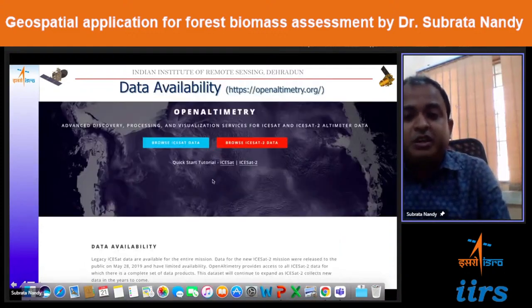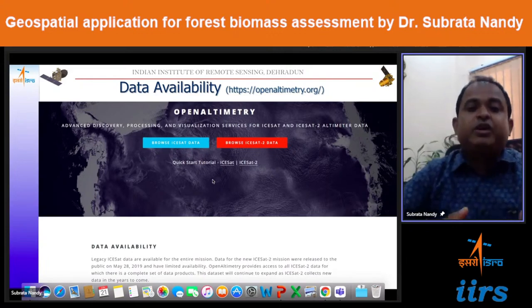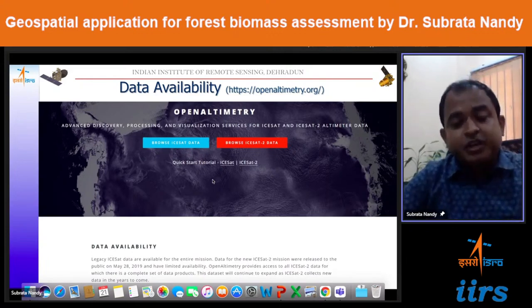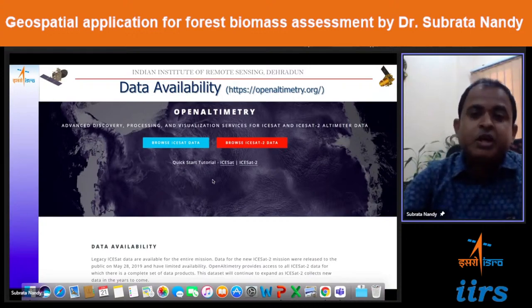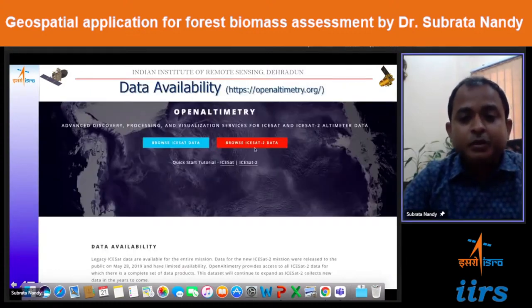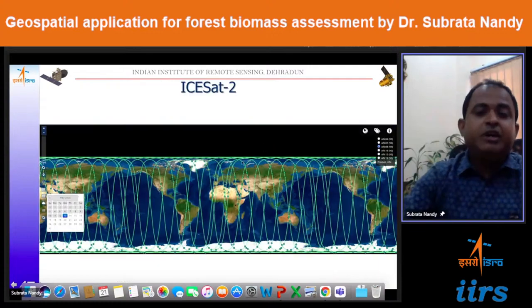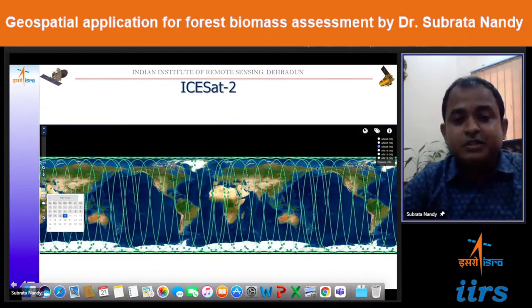Now I'll talk about where you can get the data. These are freely available data sets which you can access through the OpenAltimetry website. Go to Browse ICESat-2 Data, and you'll get global coverage.